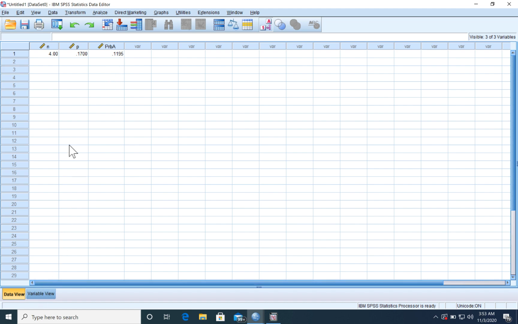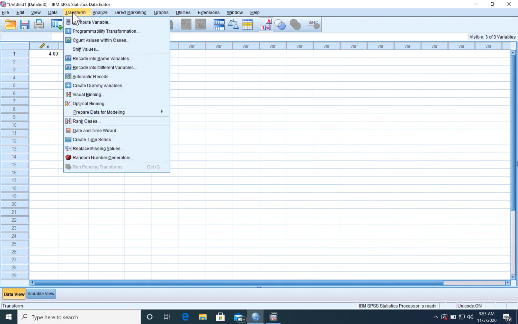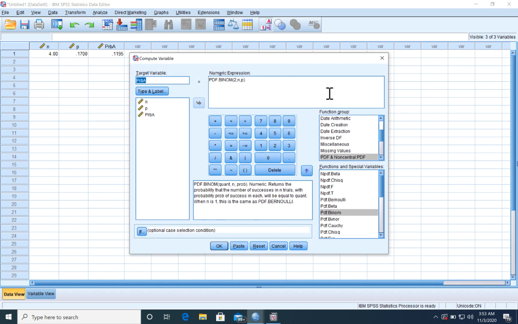Alright, so for the next part, go back to Transform. The second part, they wanted to know the probability of at least two of them responding yes. What we need to do here is make a new target variable. Let's call it B. Let us delete this and do the same thing.